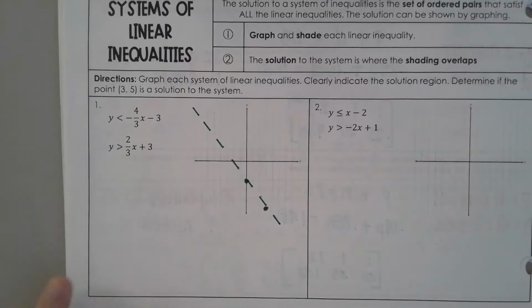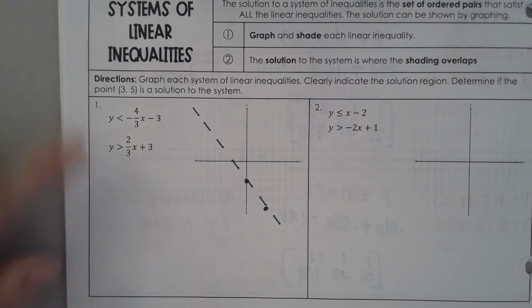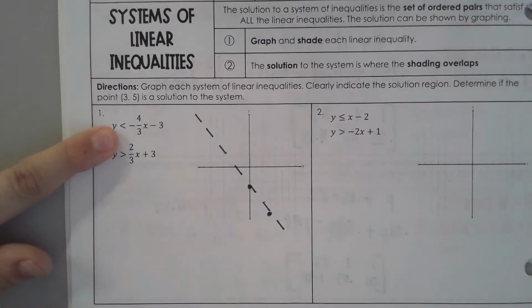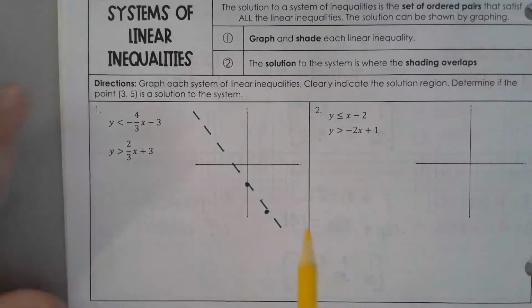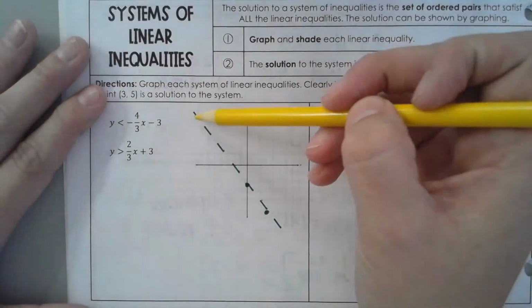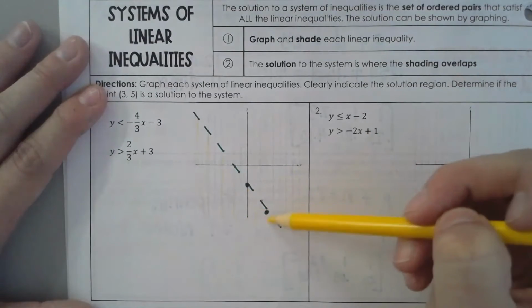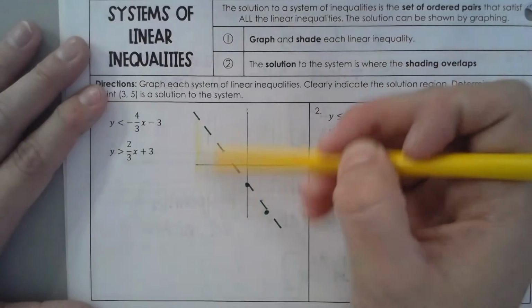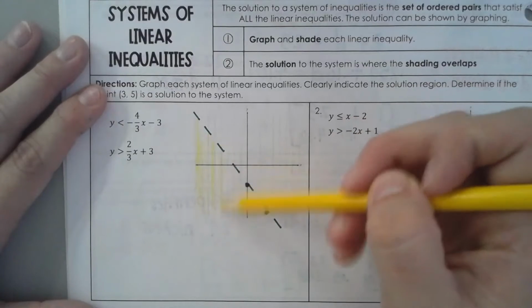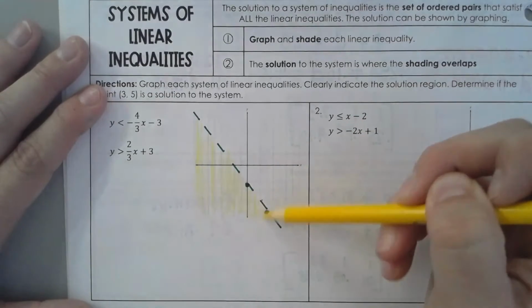So we're going to do our first line and then we're going to shade. So take one of your lighter colors if you have a lighter one and really lightly shade above or below? Below. Good. So here's my line, I'm shading under everywhere under this line. So it does not have to be perfectly colored in. We really don't have time for that.